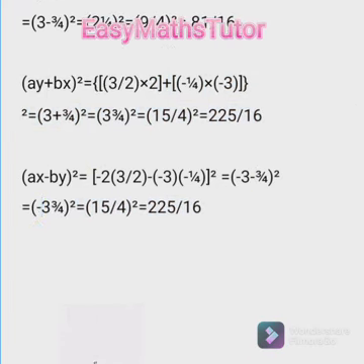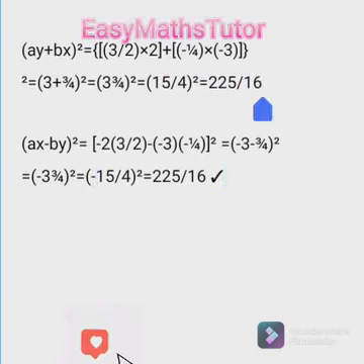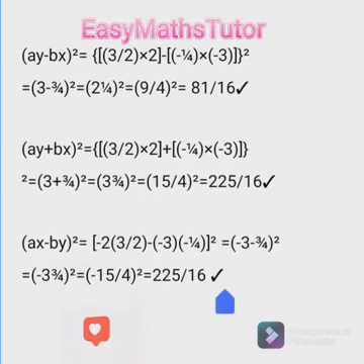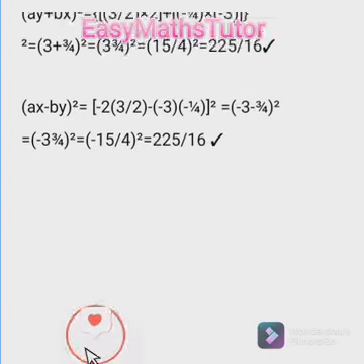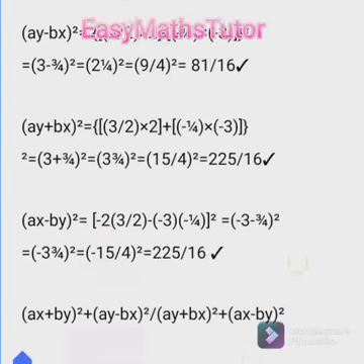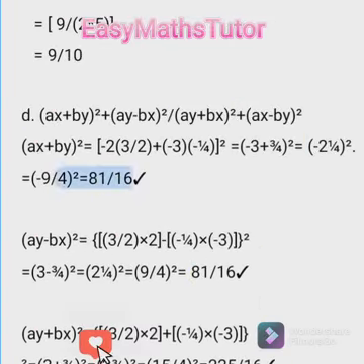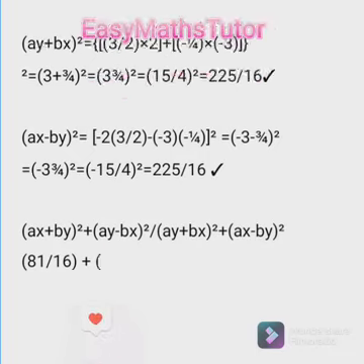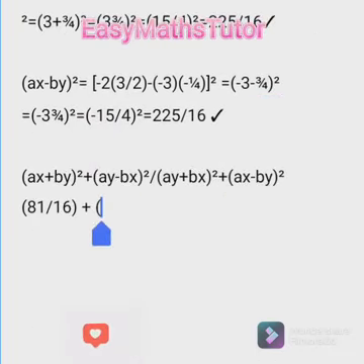So the final set of terms, which is ax minus by squared, gave us also the same value, 225 all over 16. So we've gotten our 4 terms. So we're going to substitute them back into the expression. The first one is 81 over 16.